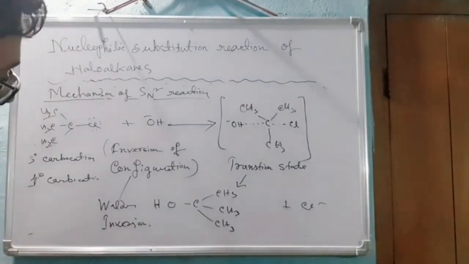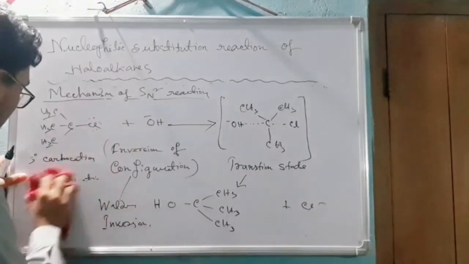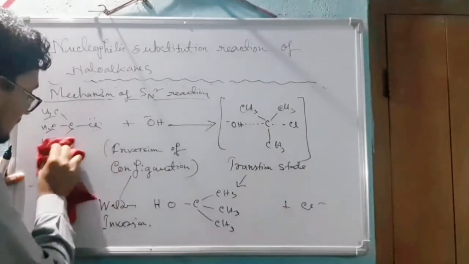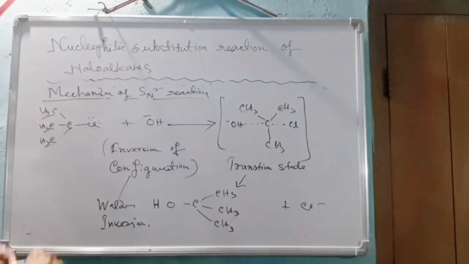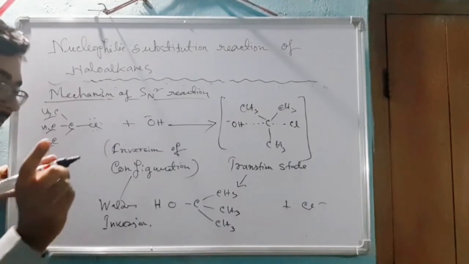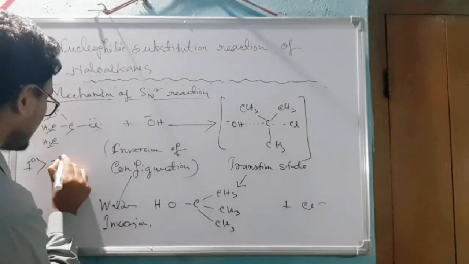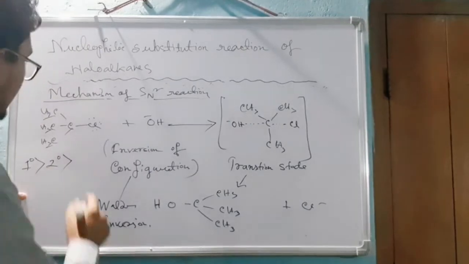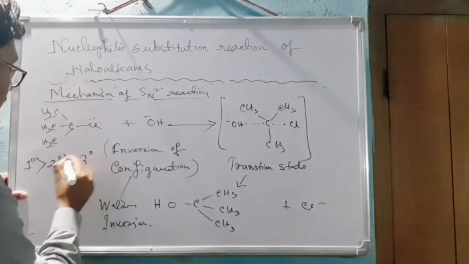Here I write: primary carbocation, that means 1 degree, is most stable, then secondary, then tertiary.